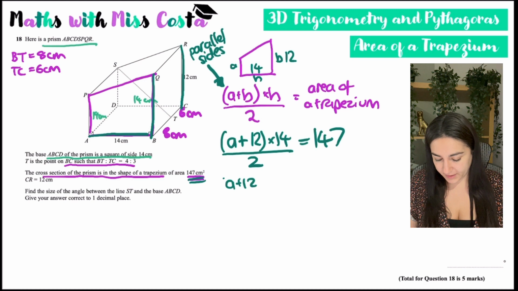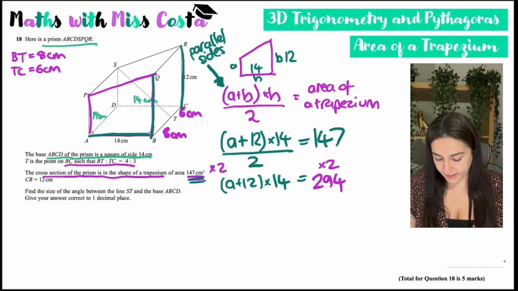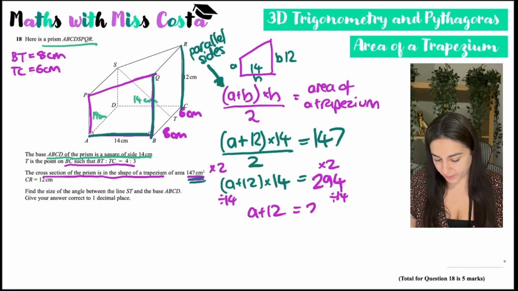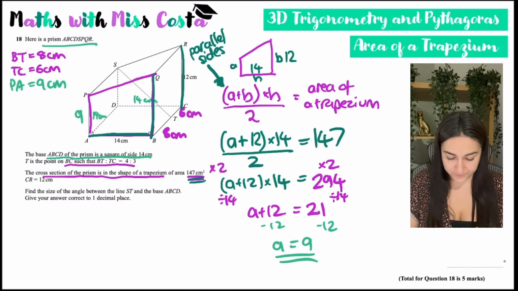So (a plus 12) times 14 must equal, if I times both sides by 2, 147 times 2, which gives me 294. Next step, I can divide both sides by 14. So a plus 12 must equal 294 divided by 14, which is 21. The last step is I can subtract 12 from both sides, so a must be 9. So I know that PA is 9 centimeters, this length here.